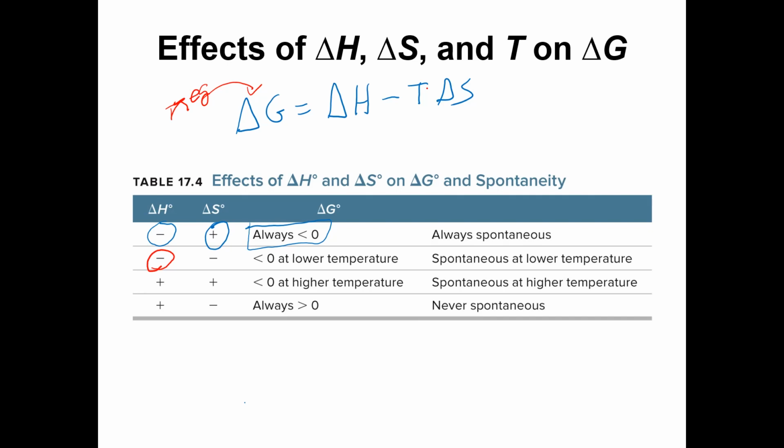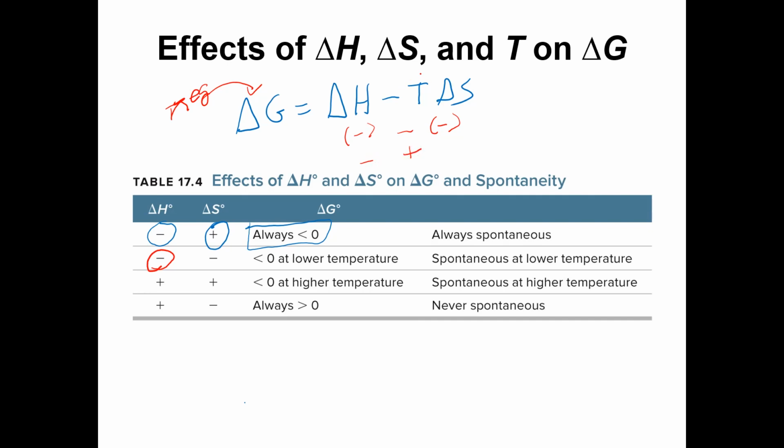But if delta H is already negative, and T is small, then even if delta S is negative, a negative times a negative is a positive, so we would have negative plus something.